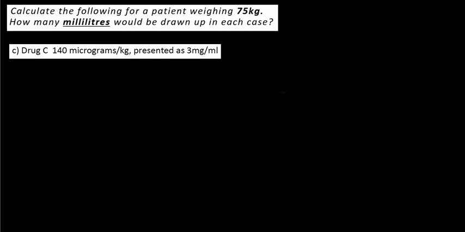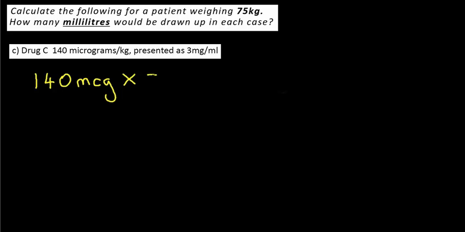On to part C. The dosage we now need to give is 140 micrograms per kilogram. So our first step is to multiply 140 micrograms. I'm using MCG just as an abbreviation, but in a real exam you'd always write the answer as micrograms.